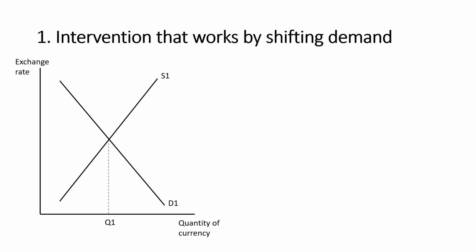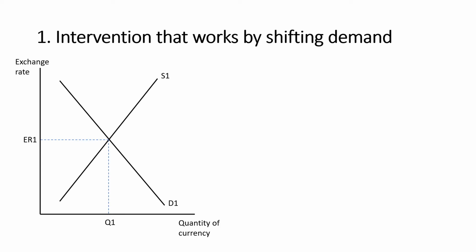So if you have no intervention, the market comes into equilibrium just like any other at the level where supply equals demand. So the equilibrium quantity of currency traded would be Q1 and the pure floating equilibrium exchange rate would be ER1. Now let's suppose that the Bank of England isn't happy with that exchange rate and they believe it's too low and they would like the pound to appreciate slightly.